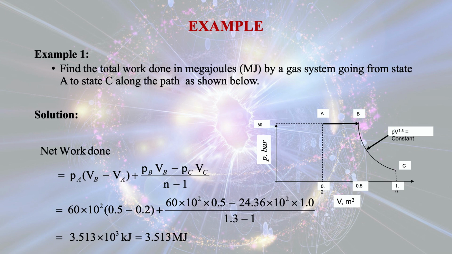So you know the pressure at point B, the pressure at point C, the volume at point A, volume at point B and volume at point C, and you know the value of n, that is 1.3. So you put the values in that expression, and finally you can calculate the net work done for this process, and this result is coming out as positive because it is an expansion process, that is work done by the system.